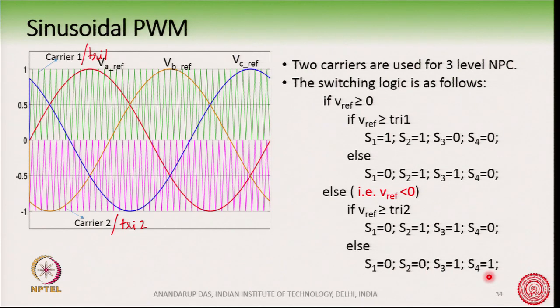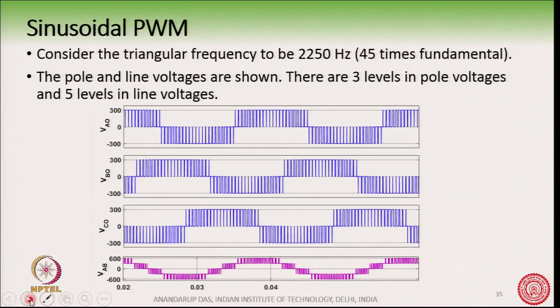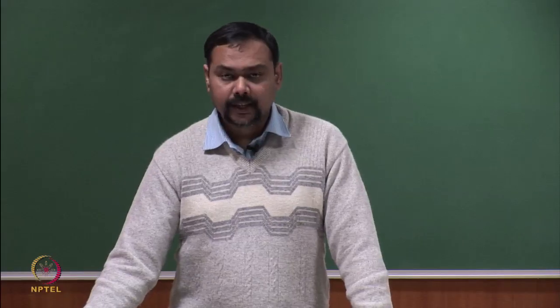Okay. So, if we follow this logic, then we can switch the 4 switches in sine PWM of 3 level NPC. Suppose the triangular frequency is 2250 hertz, that is 45 times the fundamental, where the fundamental frequency is taken as 50 hertz.